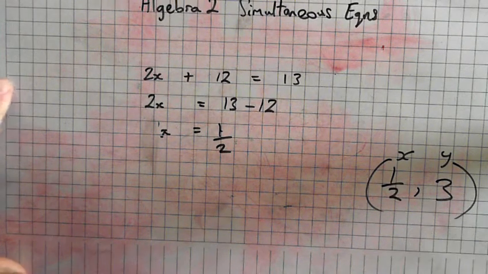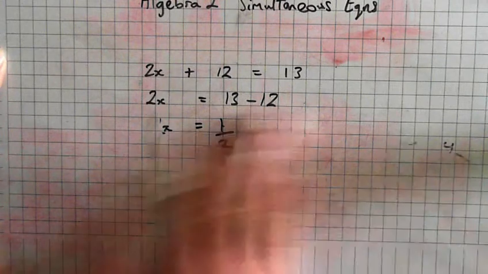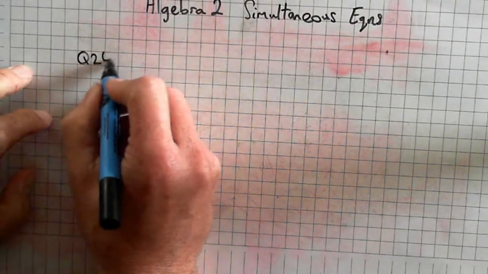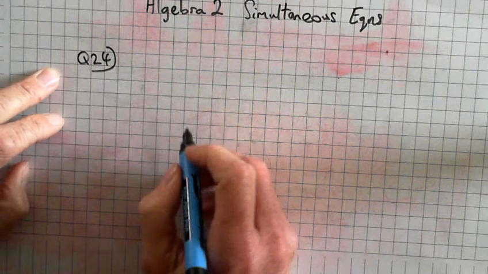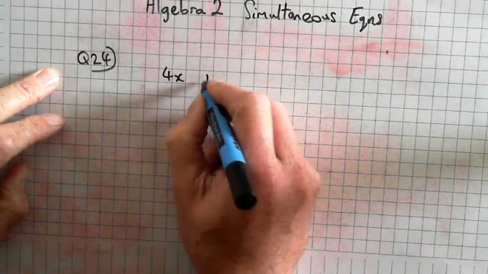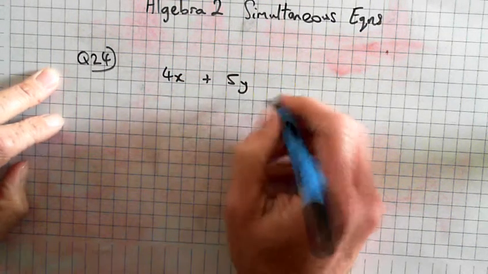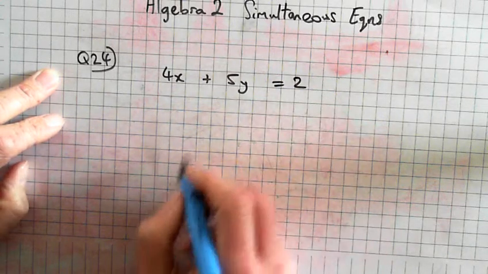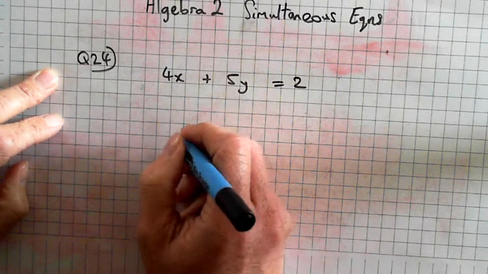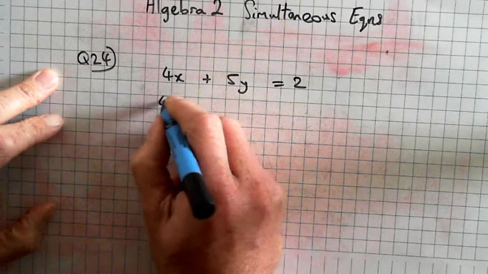Okay, we'll try question 24 now. 4x plus 5y is equal to 2, and 4x minus 5y is equal to 0.